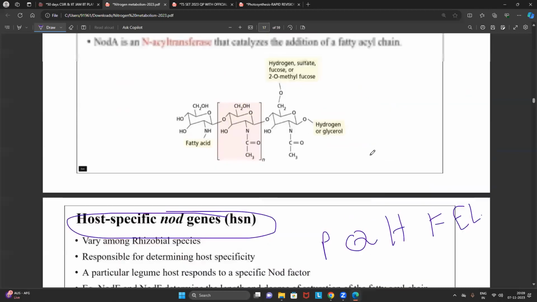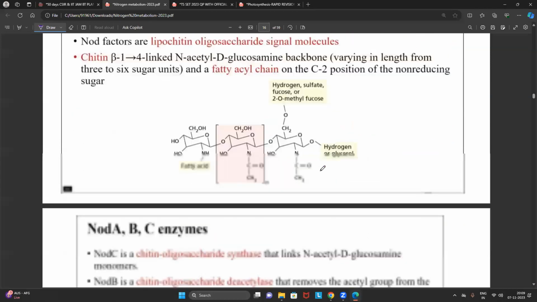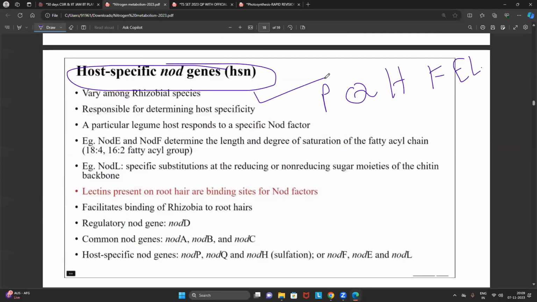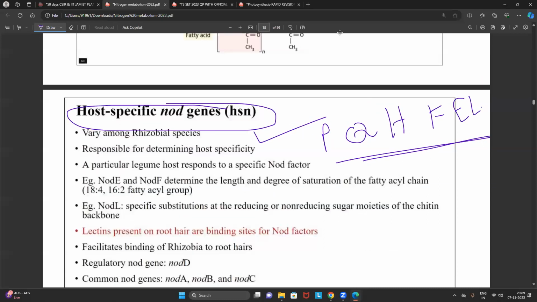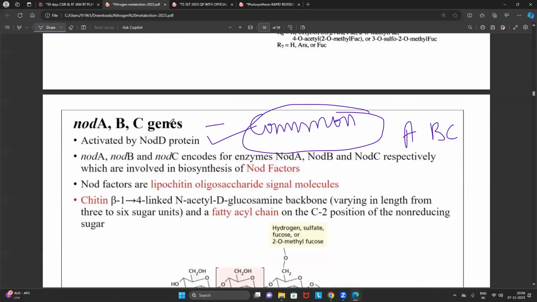Now you can ask me a question. Sir, actually the common NOD genes and host specific NOD genes are both present in the bacteria only, and both are required for nitrogen fixation only. Then what's the difference? As the name itself suggests, with the common NOD genes, nitrogen fixation is not 100%.